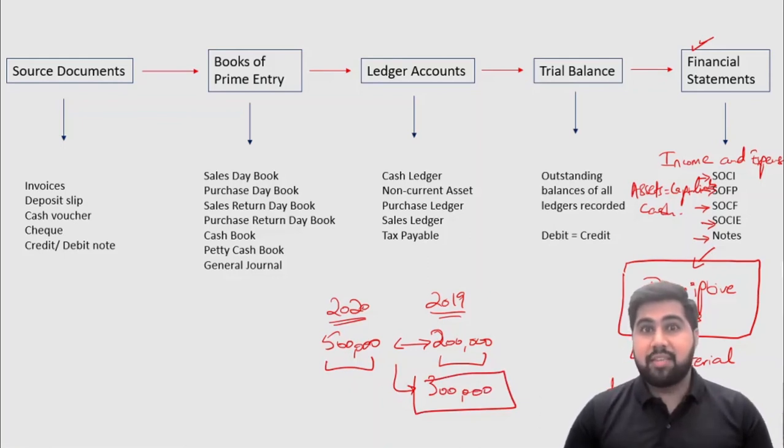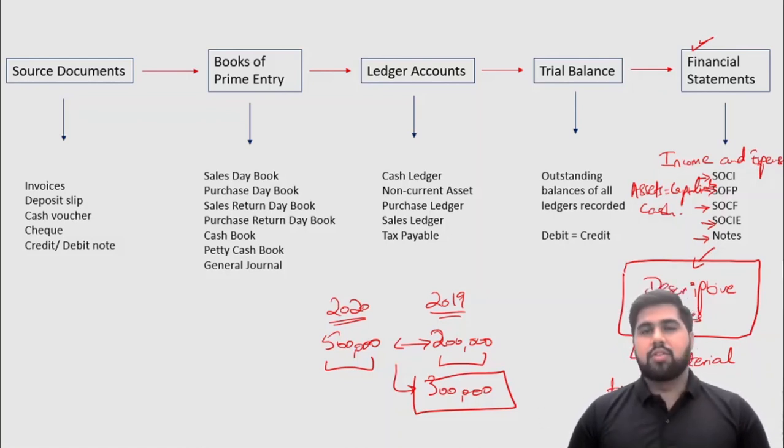The change in 300,000 is evident. Why? The user of this information, the user of financial statements, would want to know why or how. Okay, how did this happen? Why did this happen? Okay, and obviously, have you heard this term? It's all relative, right? Honestly speaking, it's all relative. For a user of financial statements, you can only make sense when you relate this number to something, when you relate this change to something.